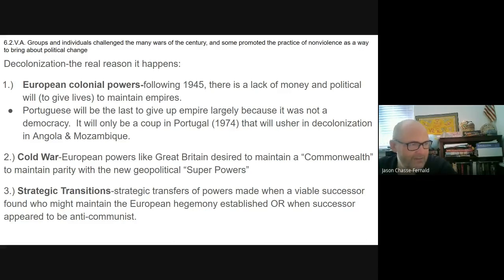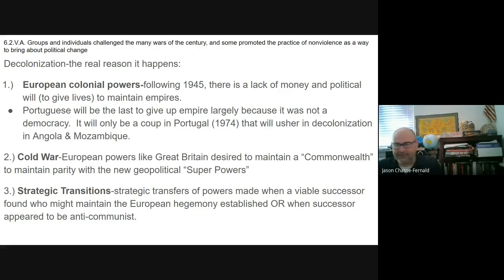How do you make the argument to send them to Kenya, right, to fight against the Mau Mau uprising? How do you make that argument to send them to India? If you wanted to try to keep that empire together, there's just not a lot of political will for it. Right, and obviously no economic will.